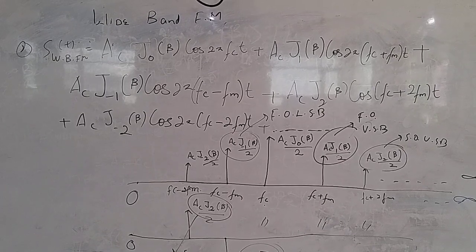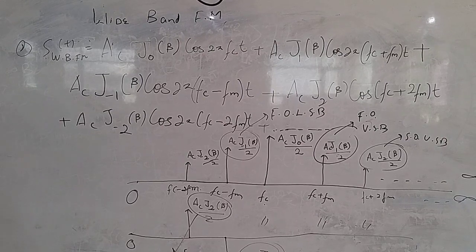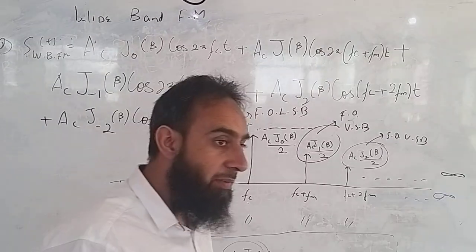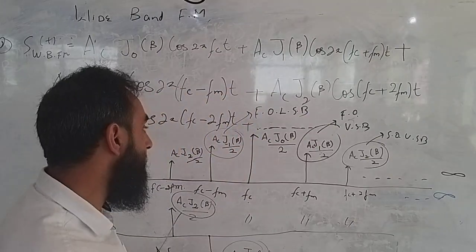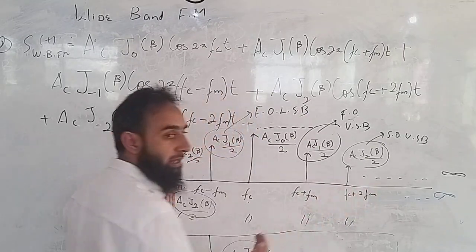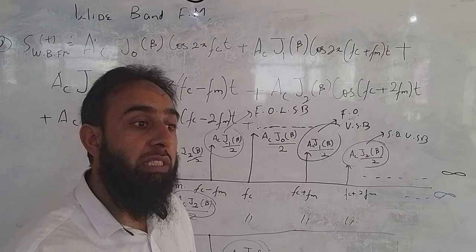For wide band FM, lower order side bands, छोटे पहले वाले, are said to be significant side bands.